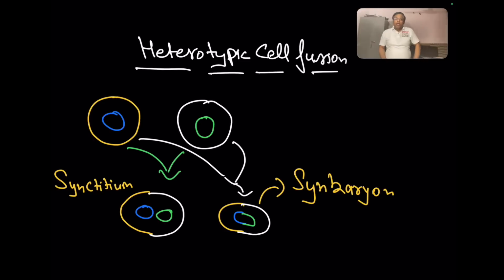But in case of synkaryon, you are going to see that the two different types of cells fuse, as well as the two different nuclei also fuse. So this is synkaryon and syncytium. Hopefully it is clear to you what is homotypic cell fusion and what is heterotypic cell fusion.